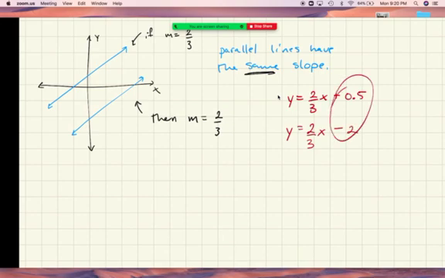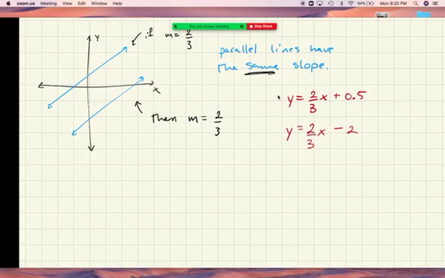These numbers are different, but that's only because they cross the y-axis at a different spot. So of course the y-intercept, the b part, would have to be different. But since they're parallel, they have the same exact slope. Does that make sense? Yeah.